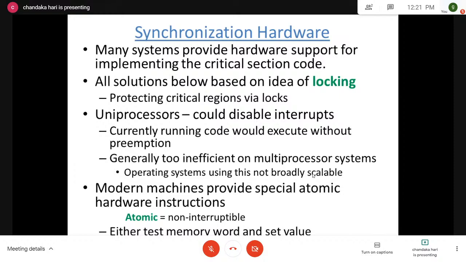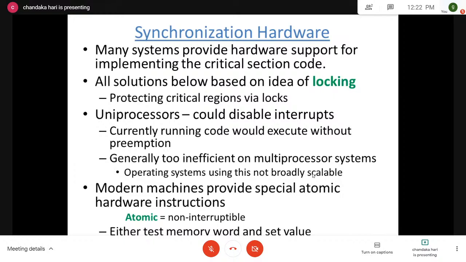for protecting common variables which are shared by more than one process at the same time. What do you mean by atomic?